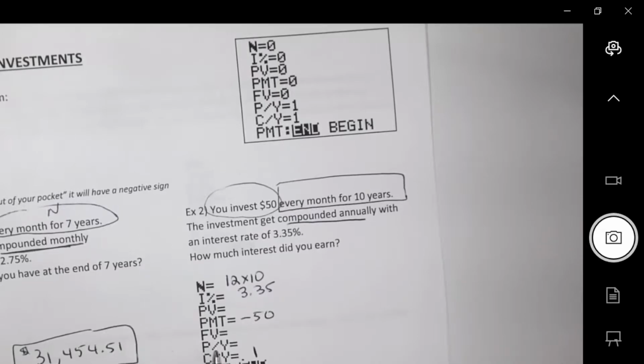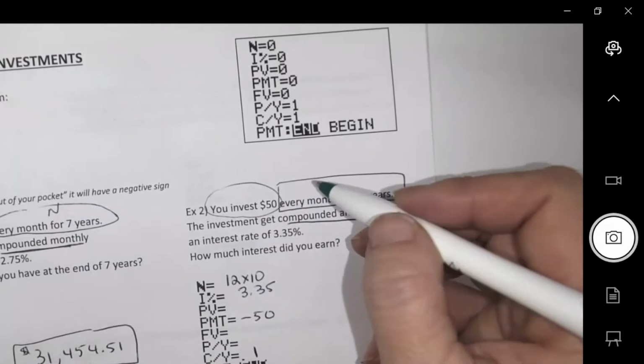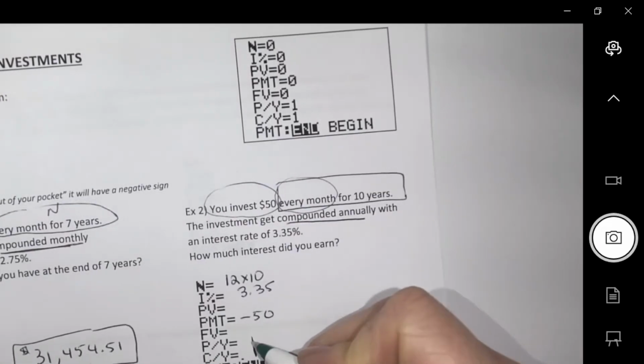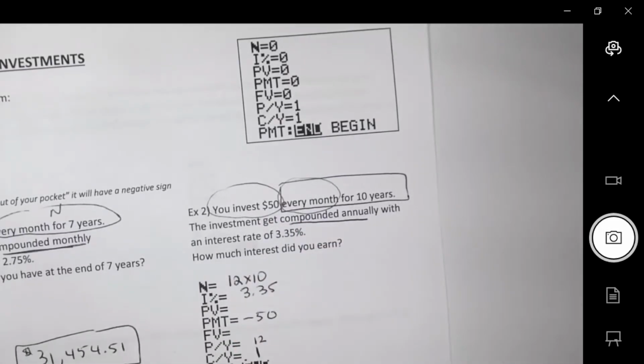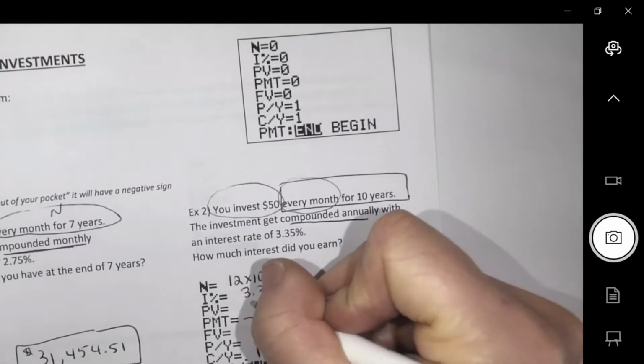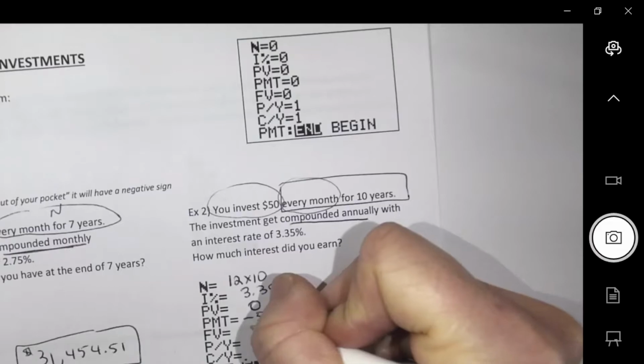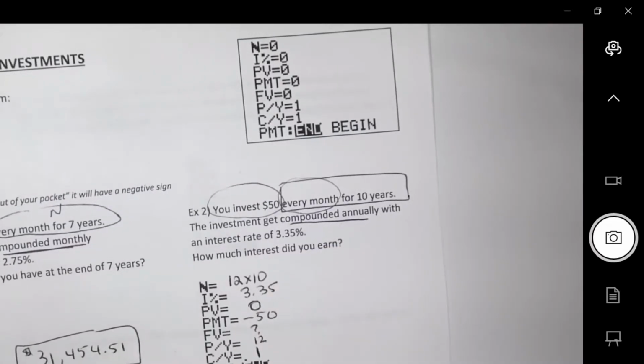And I guess we could have done this one. How many payments per year? 12, because we're doing the $50, we're doing it every month. And what's our starting amount? 0. What's our ending amount? That's what we're going to figure out.